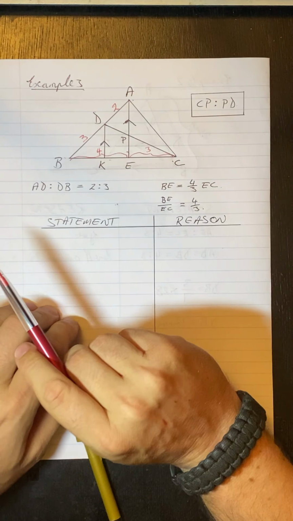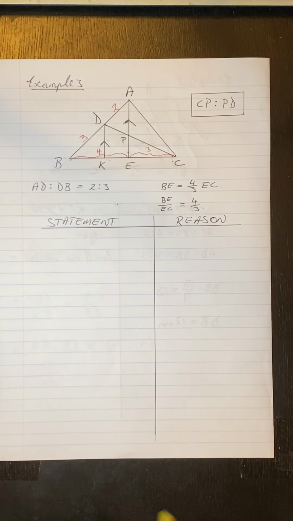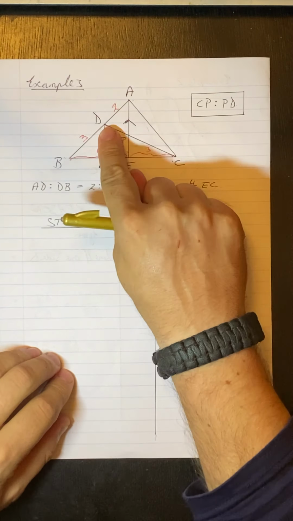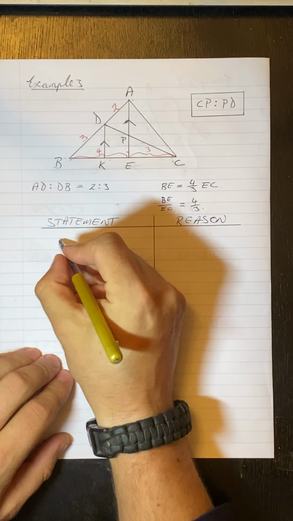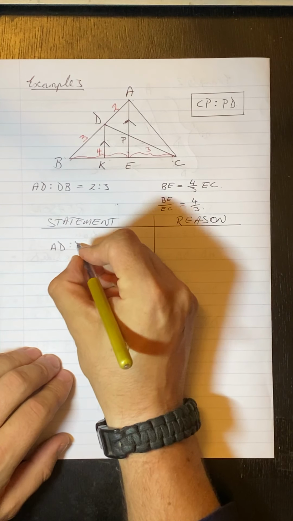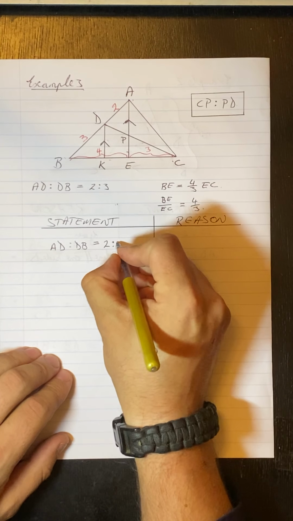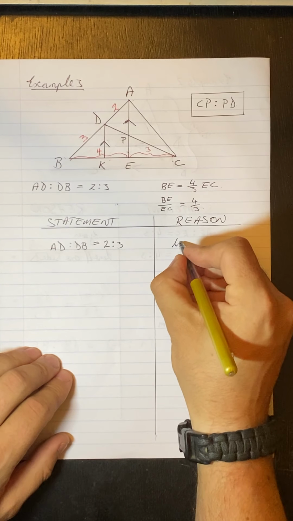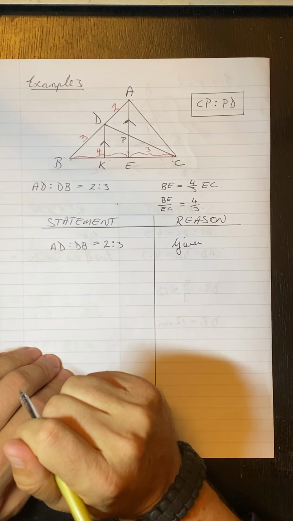All right, so let's go, grade 12. First of all, we know that AD to DB is in the ratio 2 to 3. We know this because it was given, and I've just marked it on the diagram there.